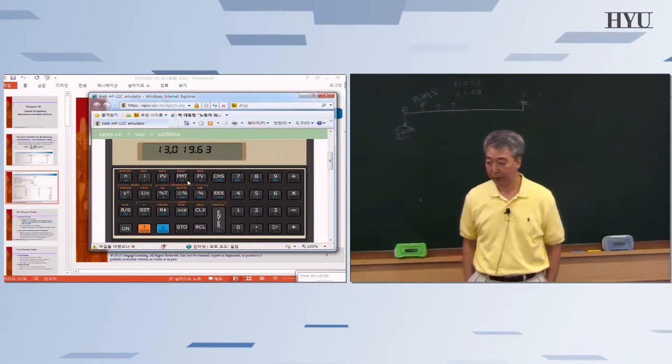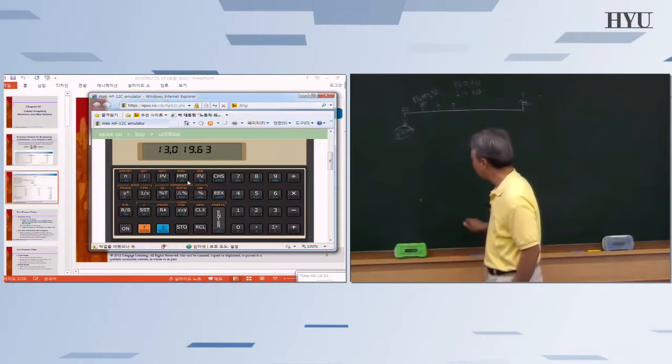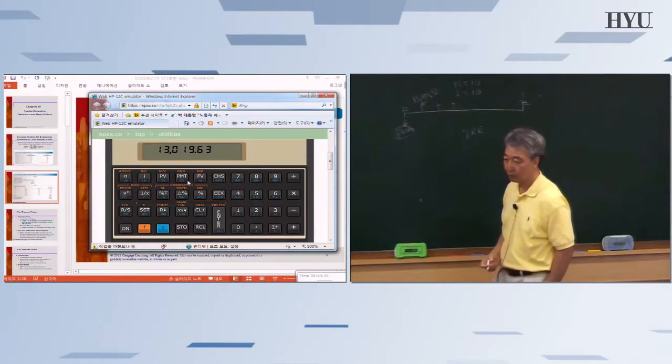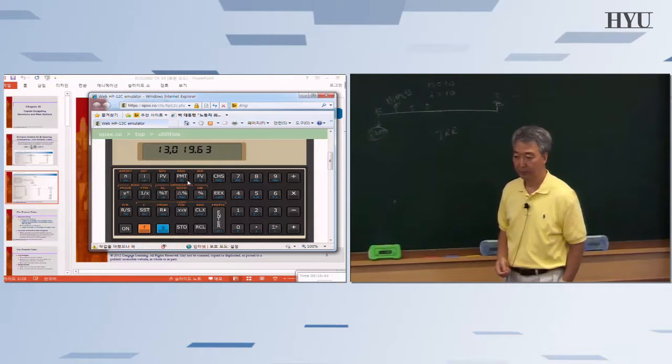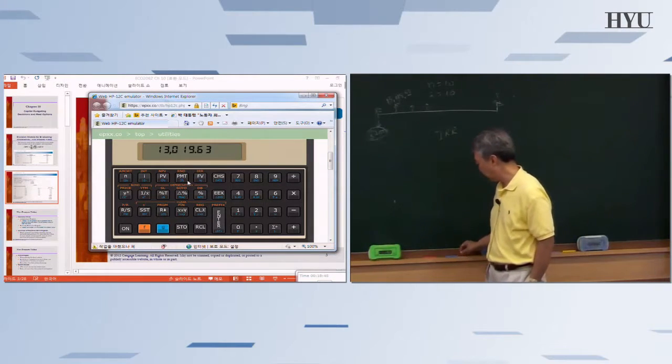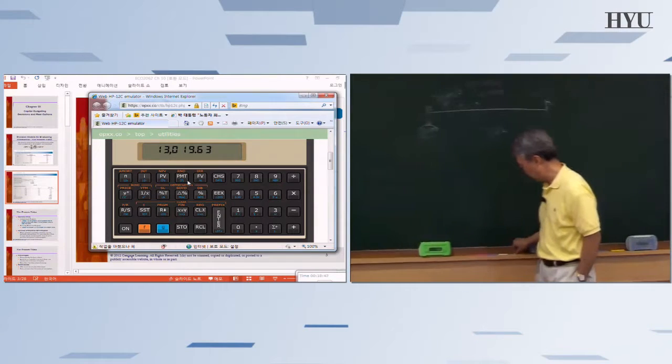But there is IRR problem, internal rate of return problem, okay? And I'm going to mention it sometime today, okay? You cannot solve this problem without financial calculator, okay? So you have to have financial calculator.